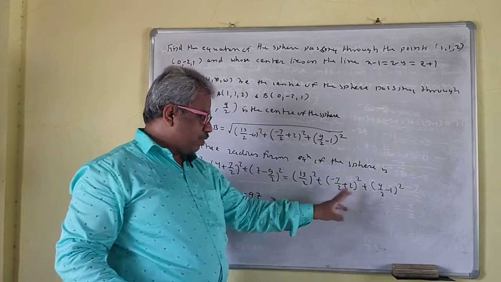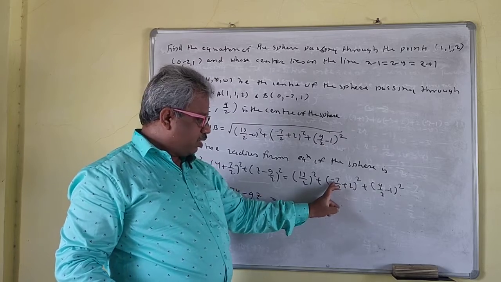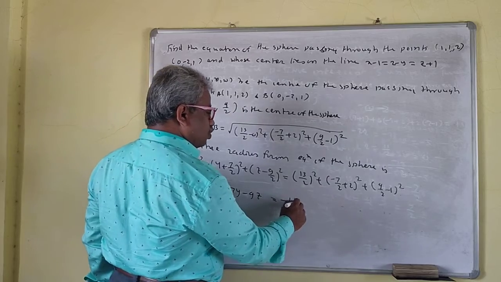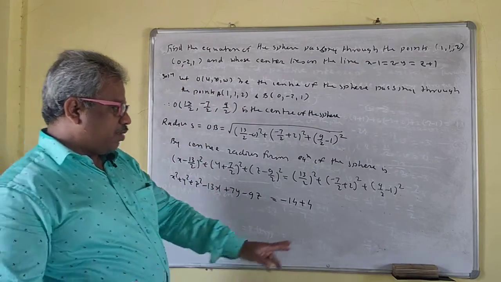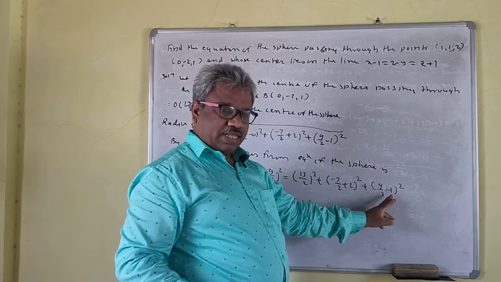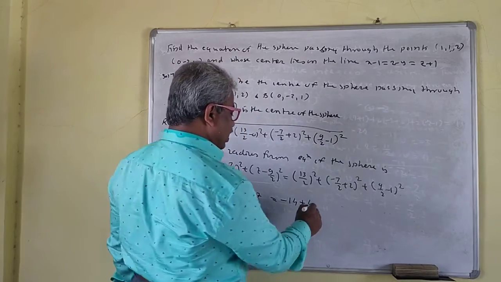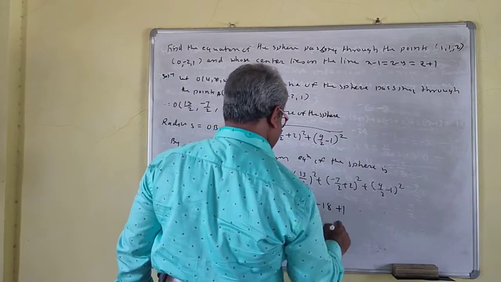Now the product here: 2 gets cancelled, so minus 7 is the product. You have to take the double of that, so minus 14 plus 4, then the product is minus 9, so minus 18 plus 1.